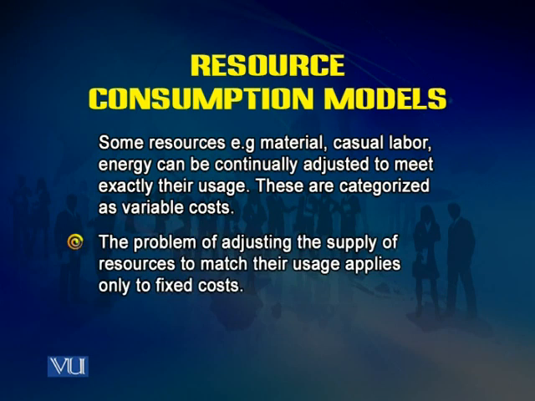The problem of adjusting the supply of resources to match their usage applies only to fixed costs. Resources such as variable costs, like material, casual labor, and energy, are costs which you can normally adjust according to need.